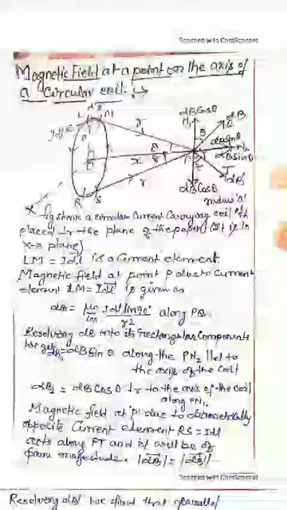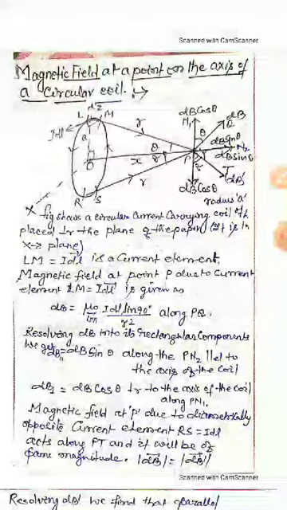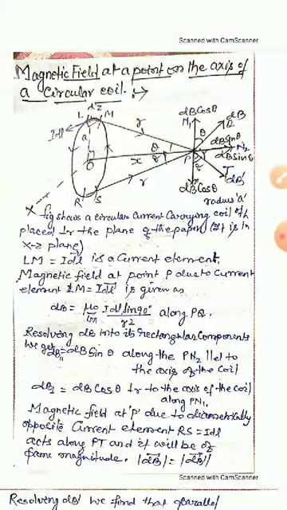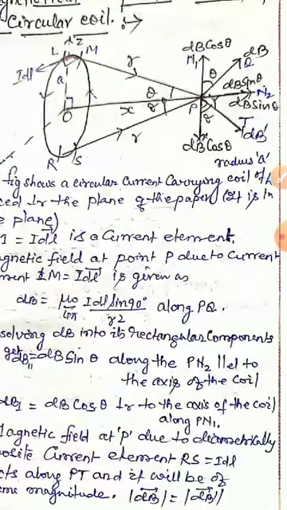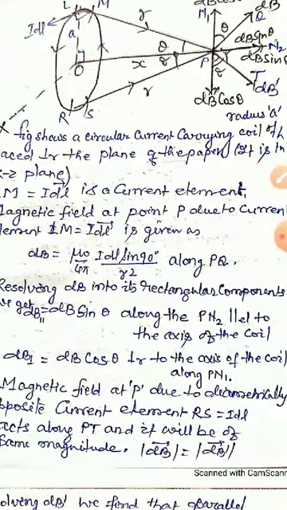This, what I have explained, is clearly written here. You can see. Now magnetic field at point P due to elementary element is given as mu naught by 4 pi IDL sin 90 degree. As I explained, angle between IDL and r is 90 degree, and when we find the direction using cross product rule, it will be along PQ.